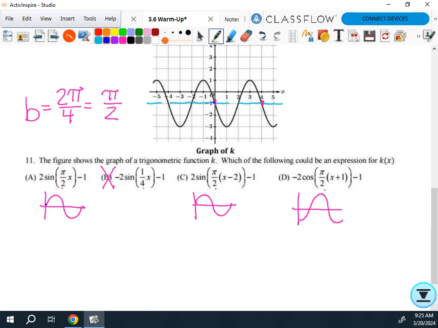This one doesn't move left or right. And that looks like sine, but it's supposed to go up from there, and this one goes down. So I like that one. If this was a negative, it would work. If this was a negative, it would be a reflection down. But from here, I go up first, and I go down first. So that's a reflection of this. I don't like A.